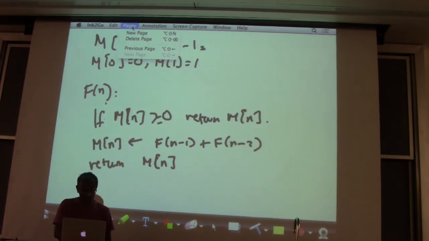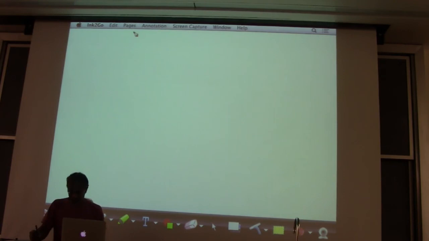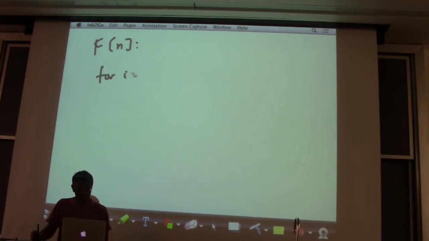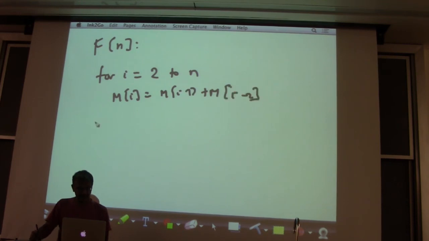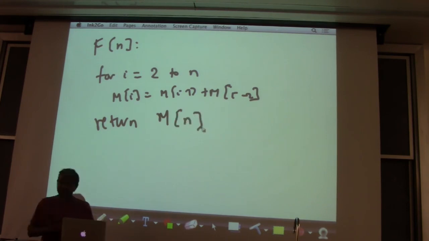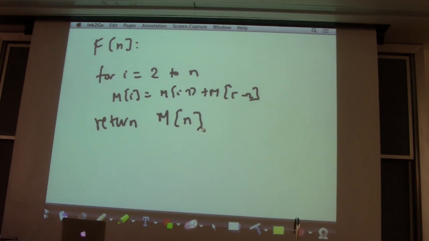I've initialized the array appropriately, for i equal to 2 to n, and so on. And there's no recursion anymore. We've unrolled the recursion entirely.